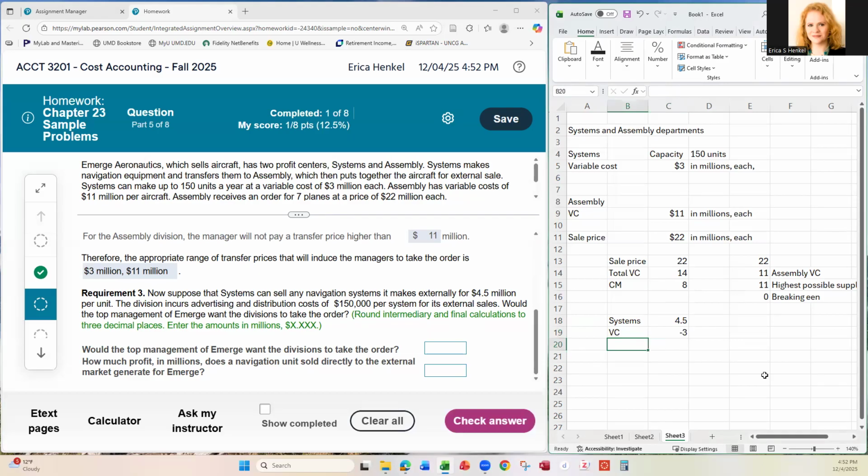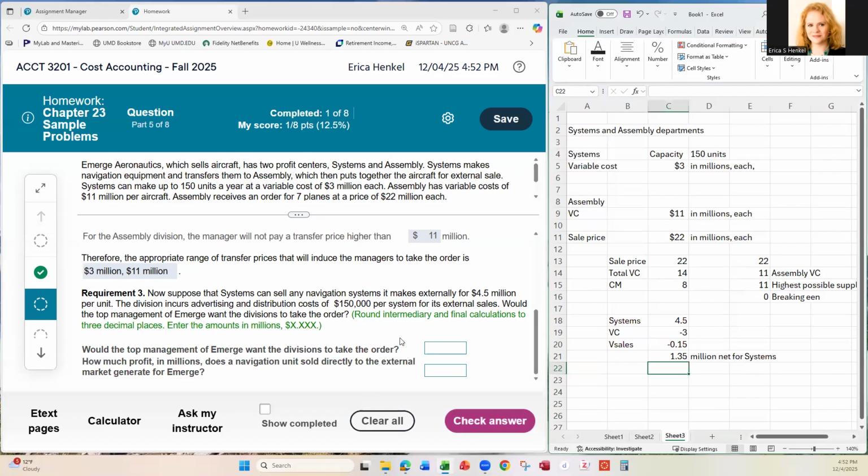We would also incur variable sales costs, minus 0.15 in millions, since 150,000 is 0.15 million. So we would end up with 1.35 million net for Systems.